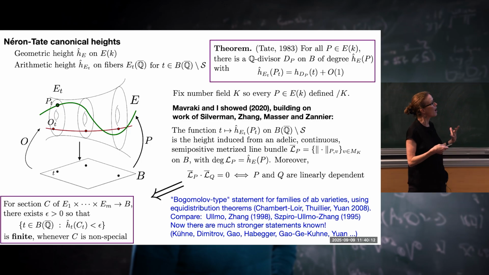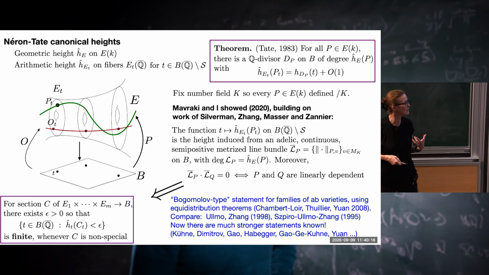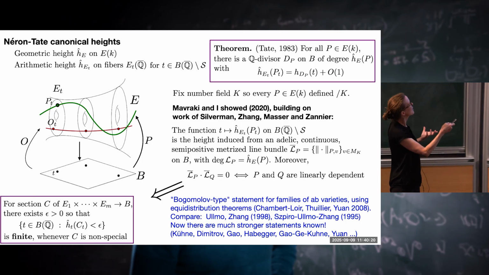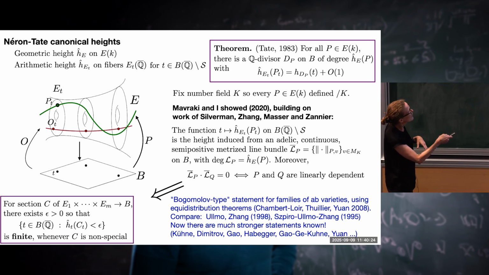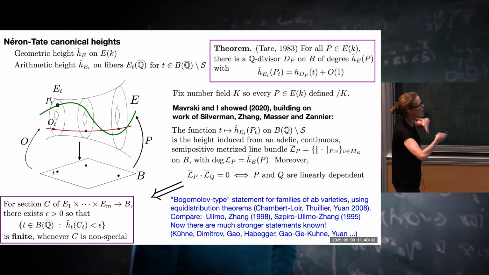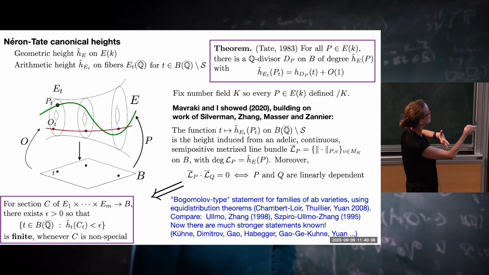Bogomolov-type extension of exactly the theorems we were using of Masser and Zannier, a Bogomolov-type statement for what? For curves, such as these types of curves, but in abelian varieties that split as products of elliptic curves. So in families of abelian varieties that happen to split as a product, the notation should be a fiber product of a collection of elliptic surfaces.